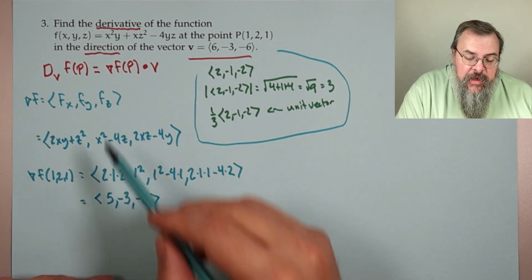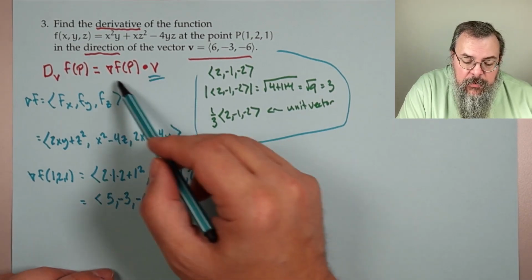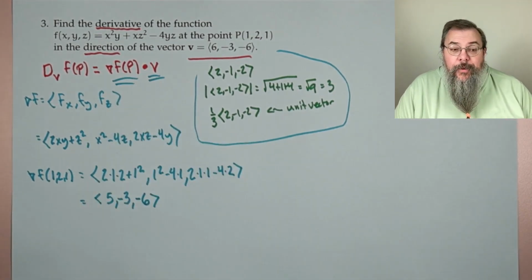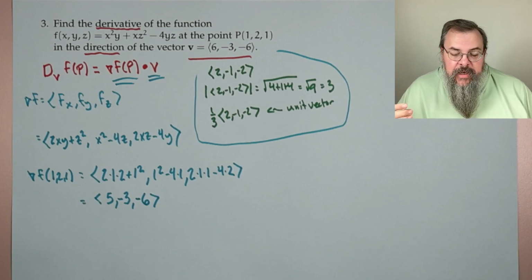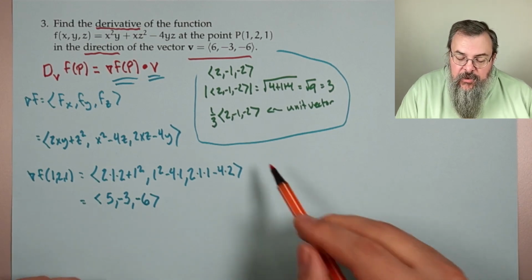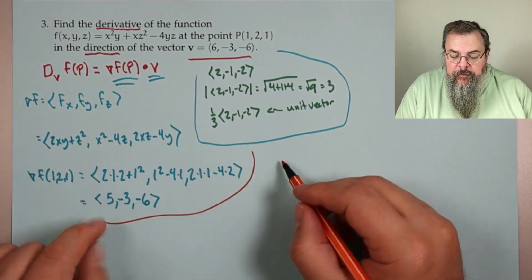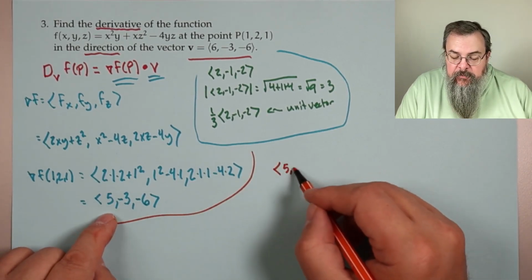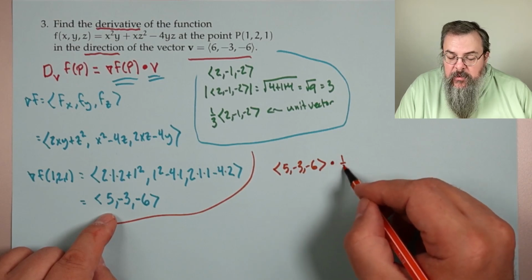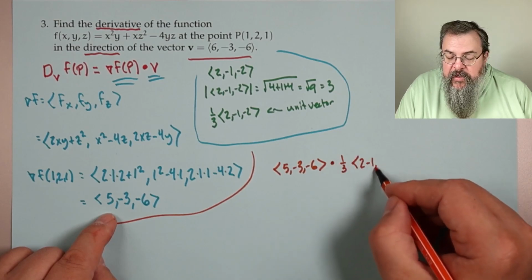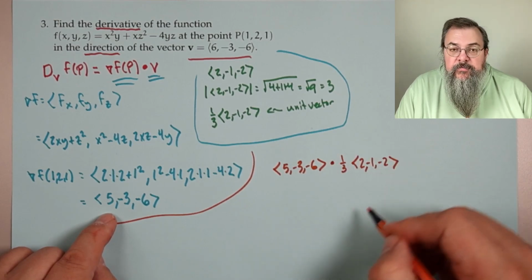All right, so now we found v, we found the gradient. We're almost there. Last thing to do, plug it in and get our answer. So we are going to take 5, minus 3, minus 6 dot 1/3 times 2, minus 1, minus 2.